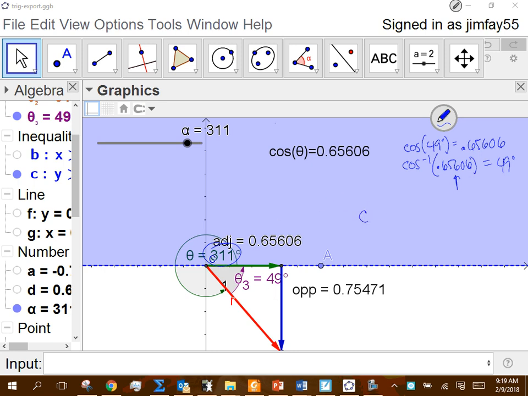So the cosine of 49 is equal to 0.65606, which is also equal to the cosine of 311. However, when I type in cosine inverse of 0.65606, your calculator is only ever going to give me back 49. We have to do the additional work, have additional understanding, to know that 311 will give me back the same ratio. Is that all right?